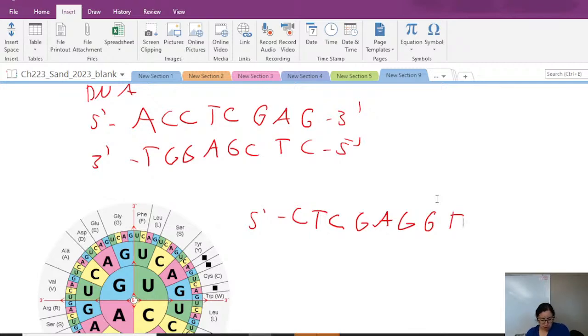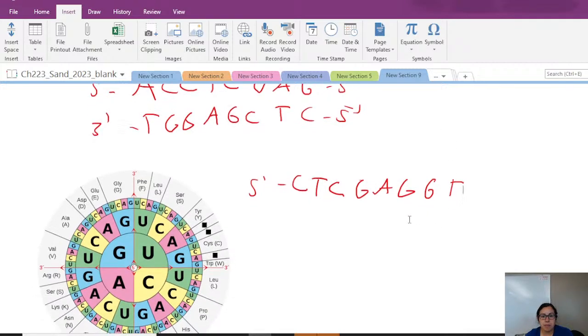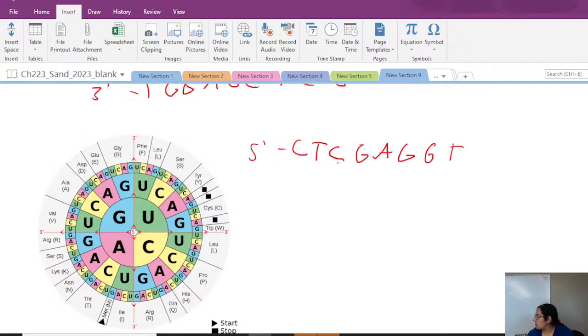Now starting with 5 prime, we can look at each of these 3. Every 3 makes up an amino acid or some sort of stop or start codon signal. In this case, you start with your 5 prime and then CTC.